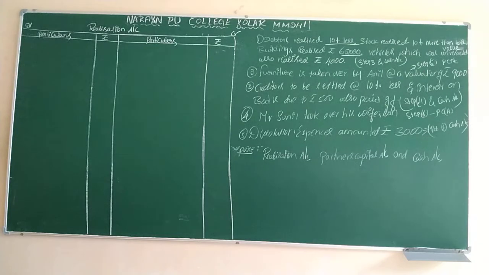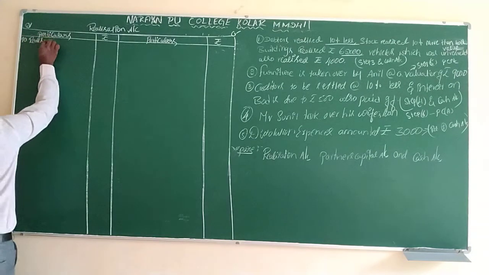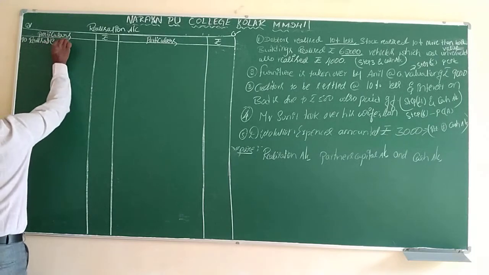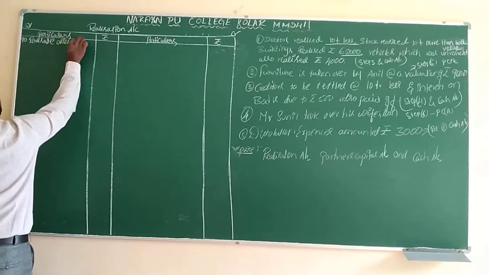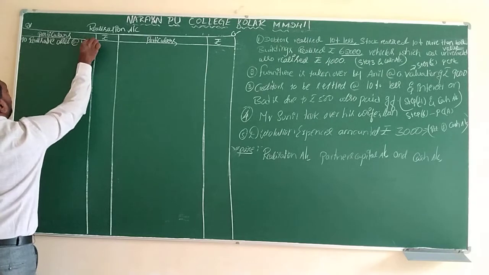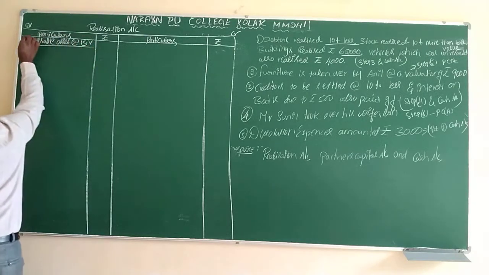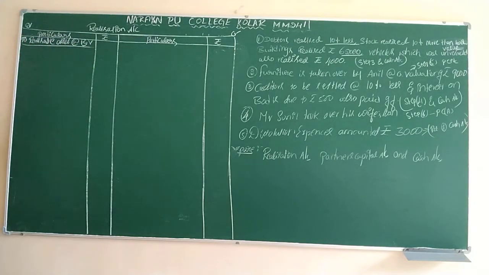Step number 1, always we should record realizable assets at book value, and step number 2, always we should record the external liabilities which are available in the balance sheet. Already we have to classify here. So first we write step number 1, realizable assets at book value.